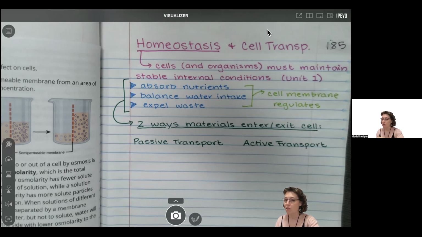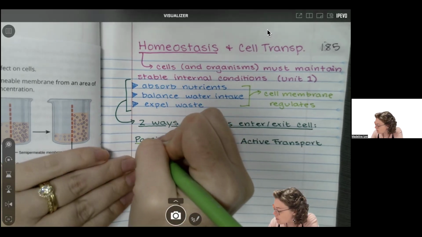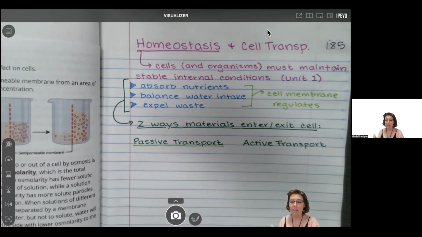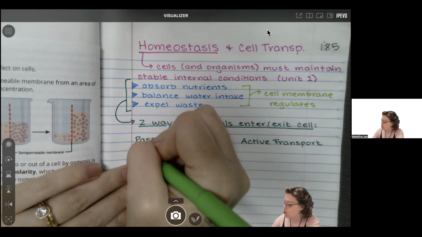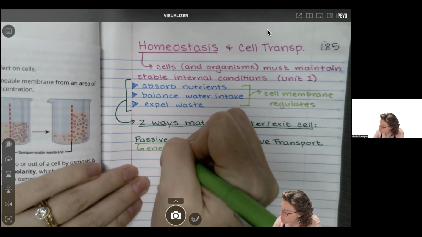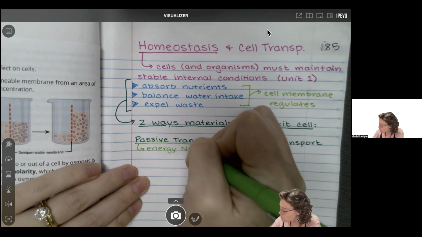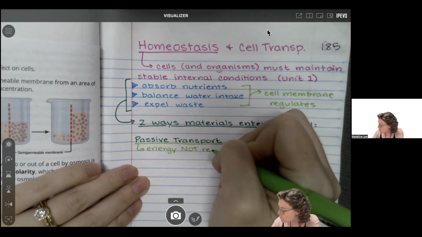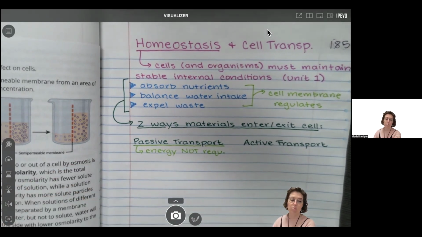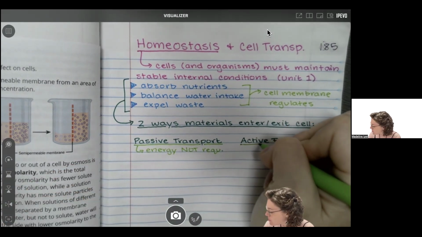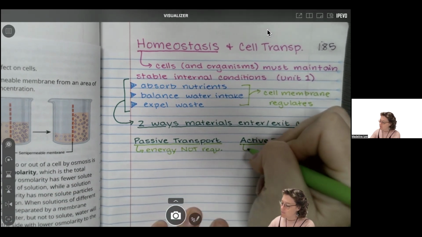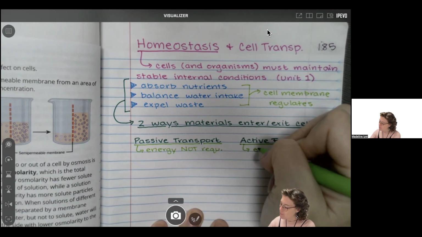So in passive transport, it can happen on its own just based on the structure of the membrane and the materials involved. Energy is not required. Active transport, on the other hand, cannot happen just based on the structure and the materials. For these, energy is required to make it happen.